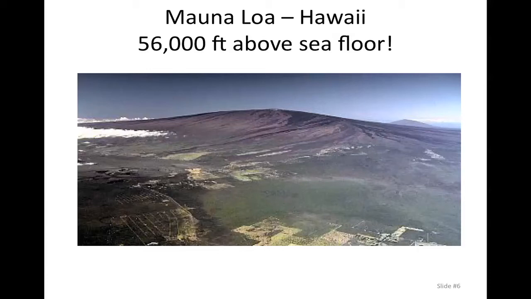Measured from sea level, Mauna Loa is about 15,000 feet or so, it might be 12,000 feet. But from the seafloor, it's 56,000 feet. So that's tremendous. That's definitely the biggest mountain from base to top on the planet, and it's basically because it's made up of all mafic flows.